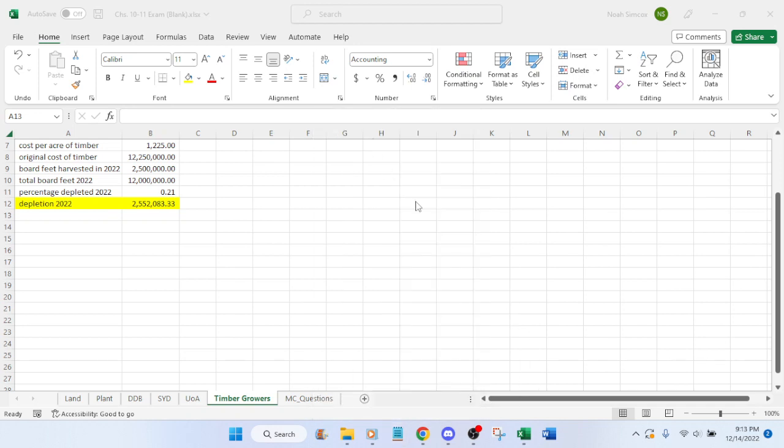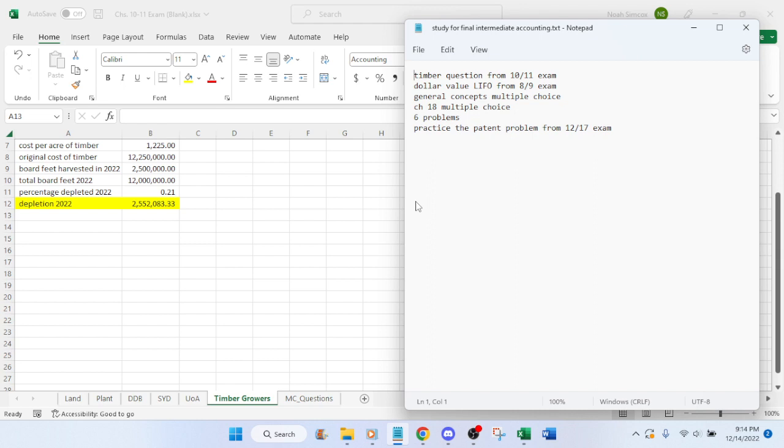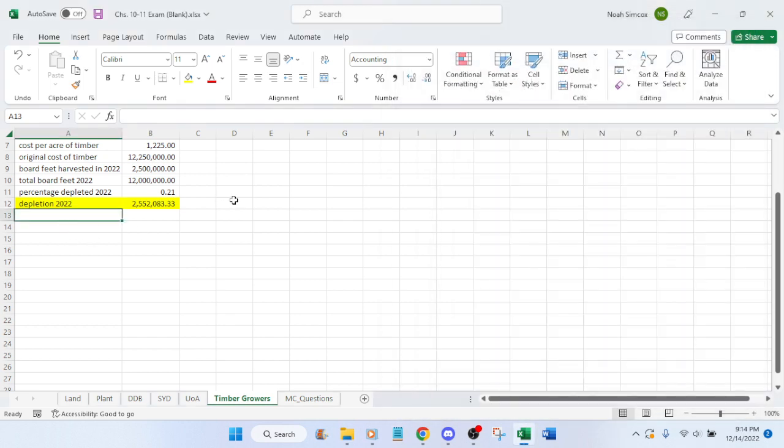But let's see what I wrote here. Timber question, dollar value LIFO, general concepts, multiple choice, chapter 18 multiple choice, 6 problems, practice the patent problem from 12-7. Yeah, I'm just practicing every problem, so this is completely pointless. Oh my gosh.